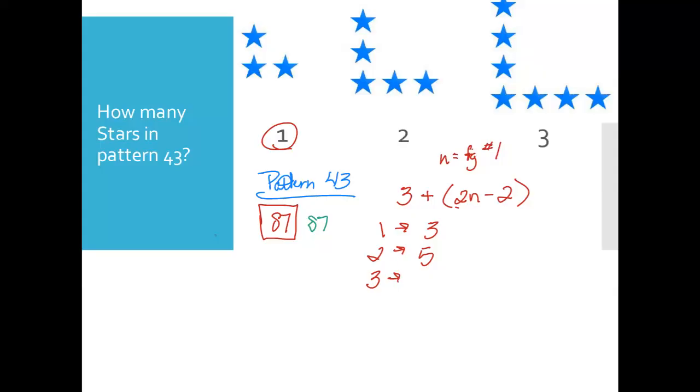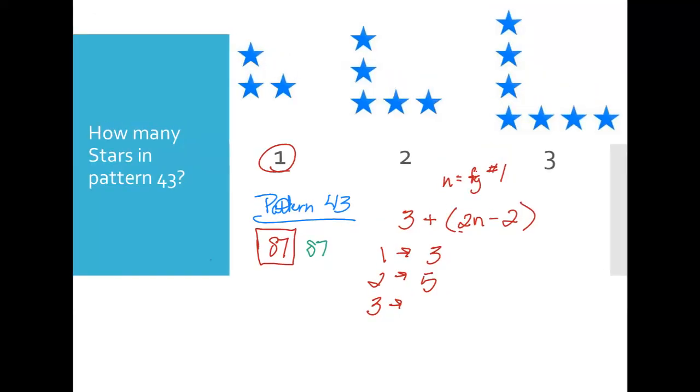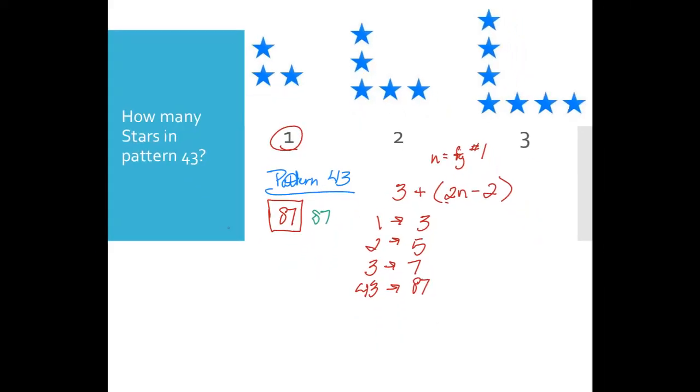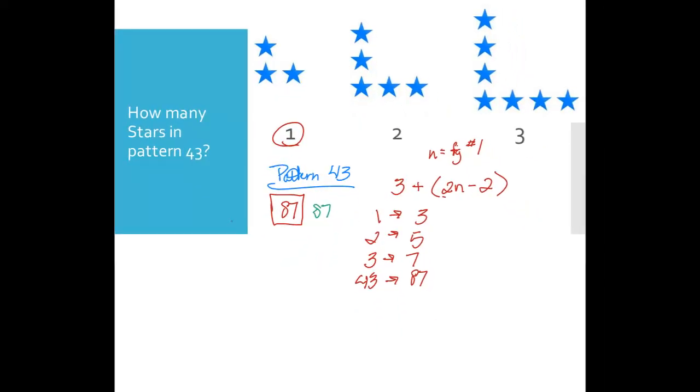Let's try 3. 2 times 3 is 6, minus 2 is 4, 4 plus 3 is 7. That seems to work. So for pattern 43, 2 times 43, 86 minus 2 is 84, plus 3 is 87. Okay, that seems to work. Very good. And that's what he saw.